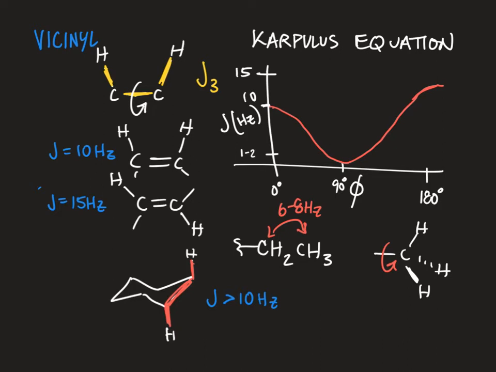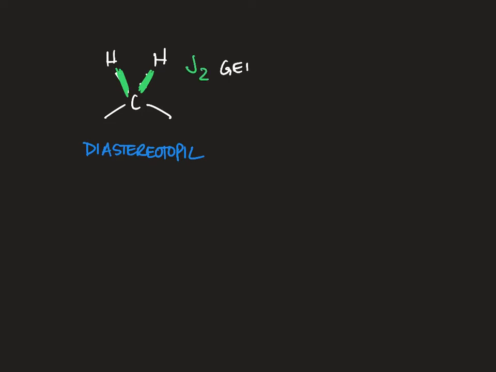Now there's a few other cases that I want to describe to you before we move on. If we have inequivalent CH2s, so these are diastereotopic methylenes. Remember that word. These are diastereotopic to one another. There is a J2, and so these are through two-bond coupling, and that's what we call a J2, also called geminal, meaning they're on the same carbon atom.